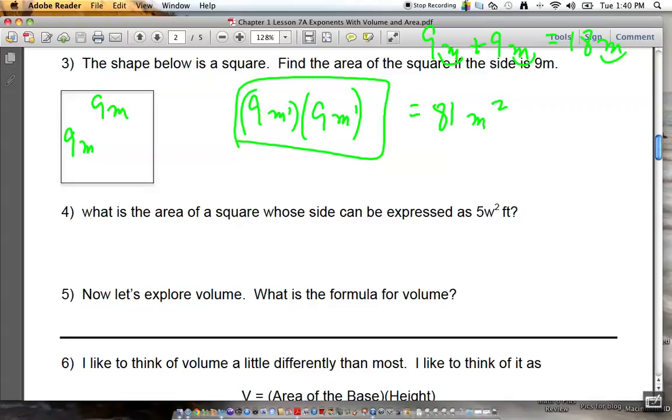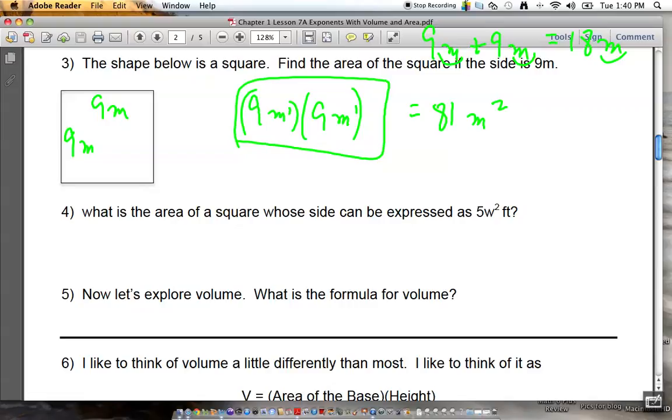But when I multiply, that's not true. Now I'm going to multiply coefficients and add exponents. I get 81m squared. So if you want to look at this as 81 and the variable m squared, fine. If you want to look at it as 81 meters squared, fine. You deal with it the same exact way.